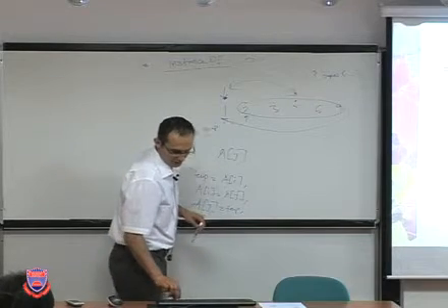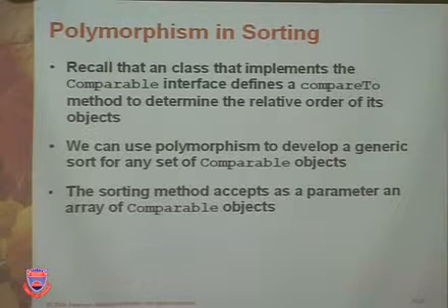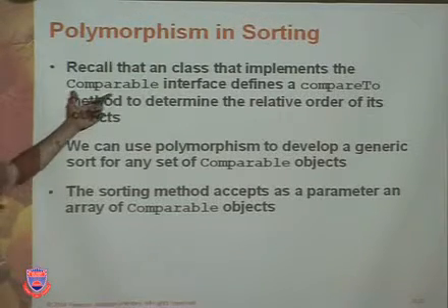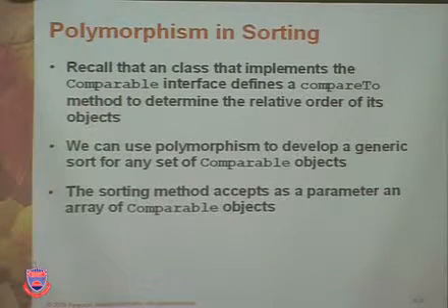So this is exactly what's shown here. Polymorphism in sorting. So this is where I wanted to come to. If you remember, we have the Comparable interface. What was the Comparable interface doing? It had a single method which was compareTo.